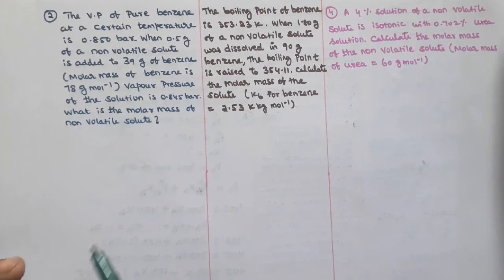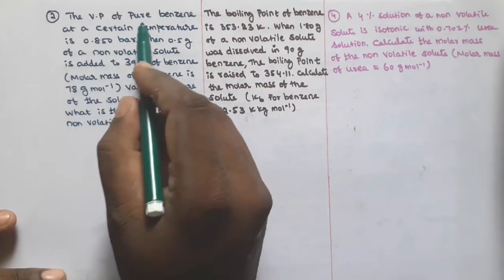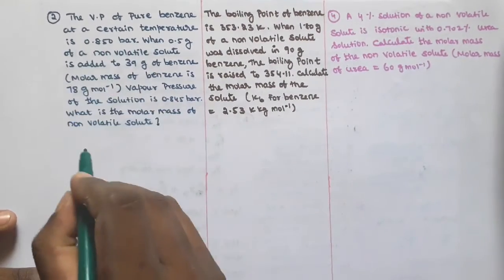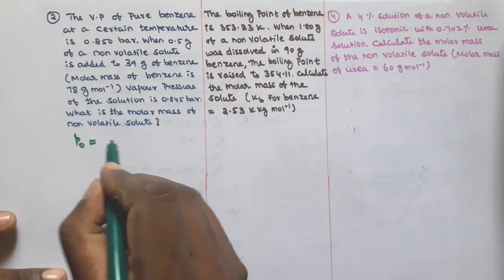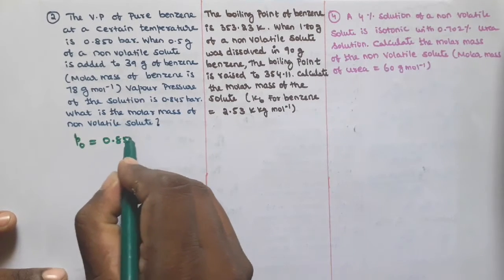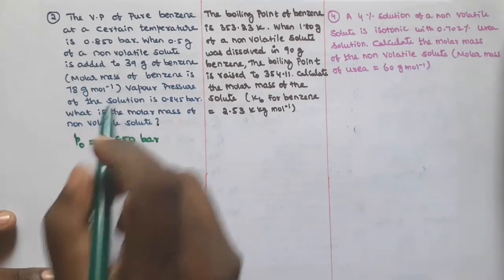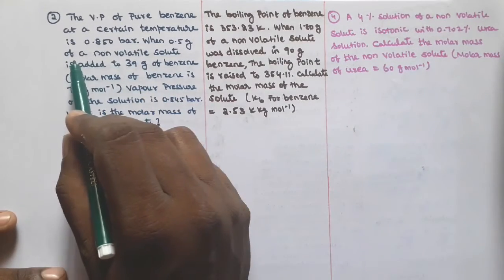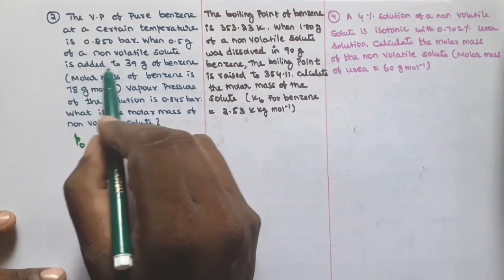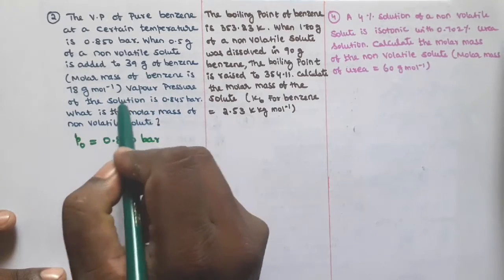Let us first write the given data. The vapor pressure of the pure benzene, that is the solvent, is 0.850 bar. 0.5 grams of non-volatile solute, so the weight of the solute is 0.5.